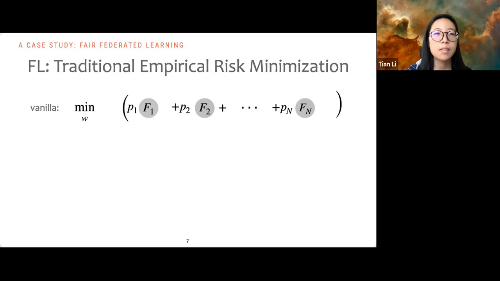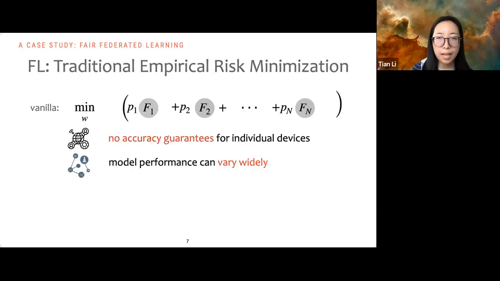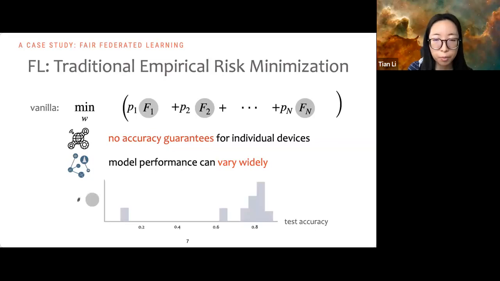And then because of heterogeneity, minimizing such an average of empirical losses may disproportionately advantage or disadvantage the performance on some devices. So you can imagine that we can have a model that has very good average performance, but it can perform catastrophically on a subset of the network because some clients may be different from each other.